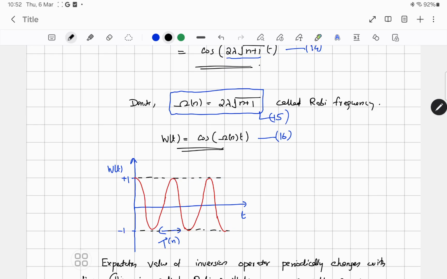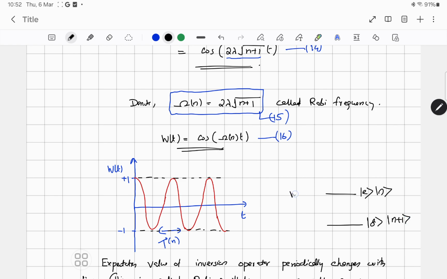W of t equal to plus 1 means the system is exactly in the excited state with n photons, and W of t equal to minus 1 means the atom is in the ground state with the number of photons n plus 1.